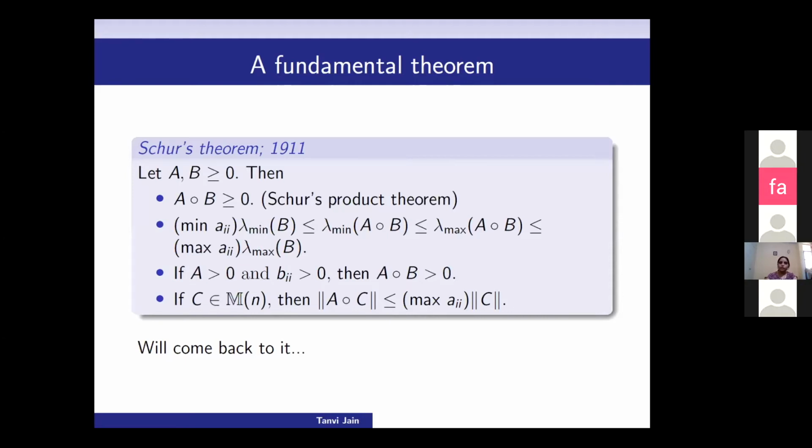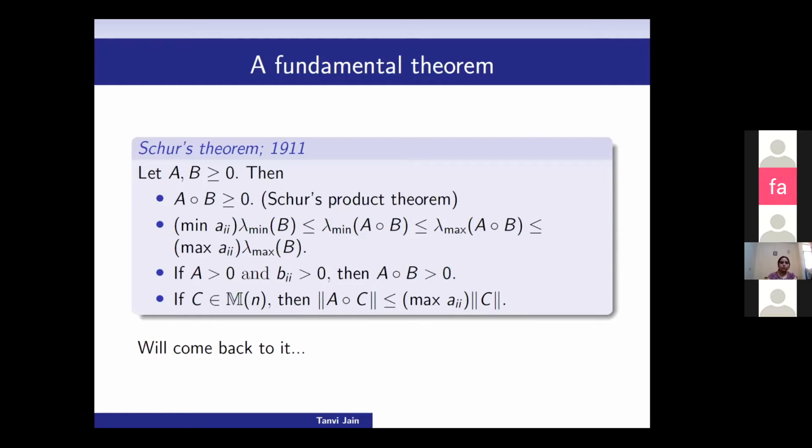He studied these products extensively in the context of positive semi-definite matrices, and that's why we also call them Schur products. He also gave an upper bound and lower bound for the maximum and the minimum eigenvalues of the Hadamard products in terms of the diagonal entries and the eigenvalues of the two matrices.